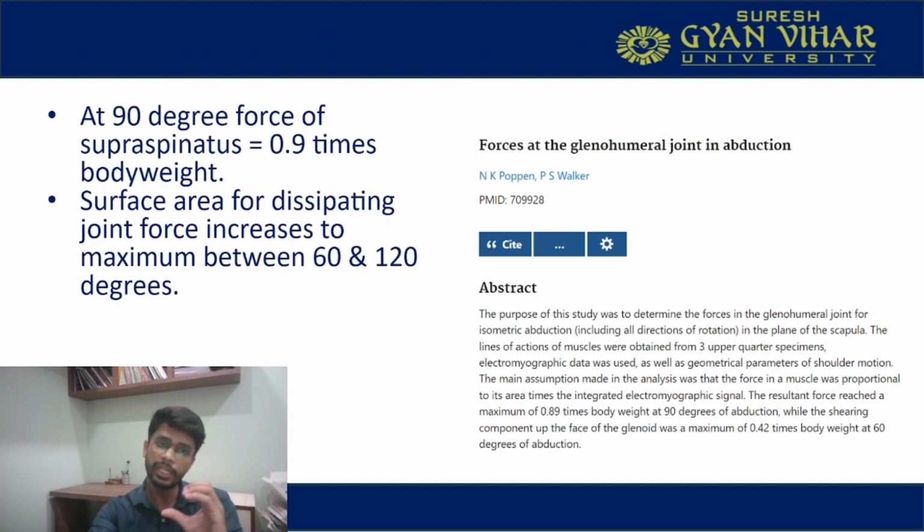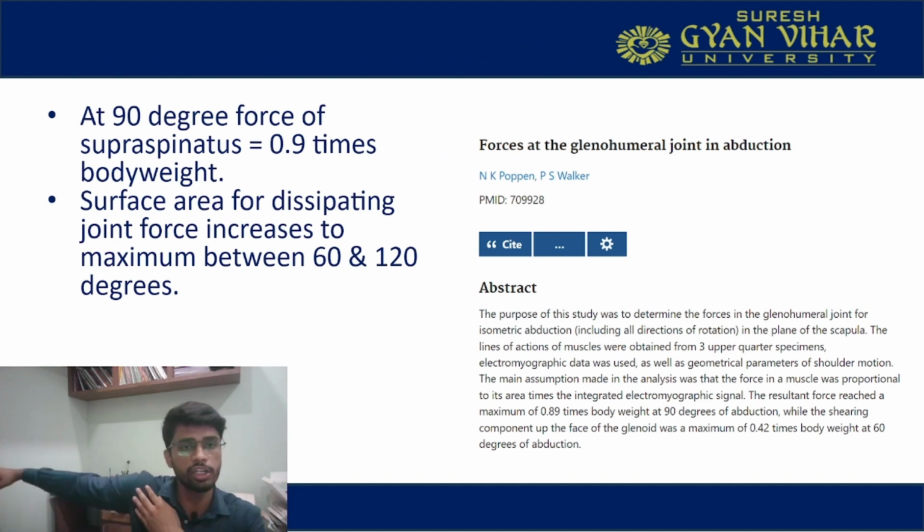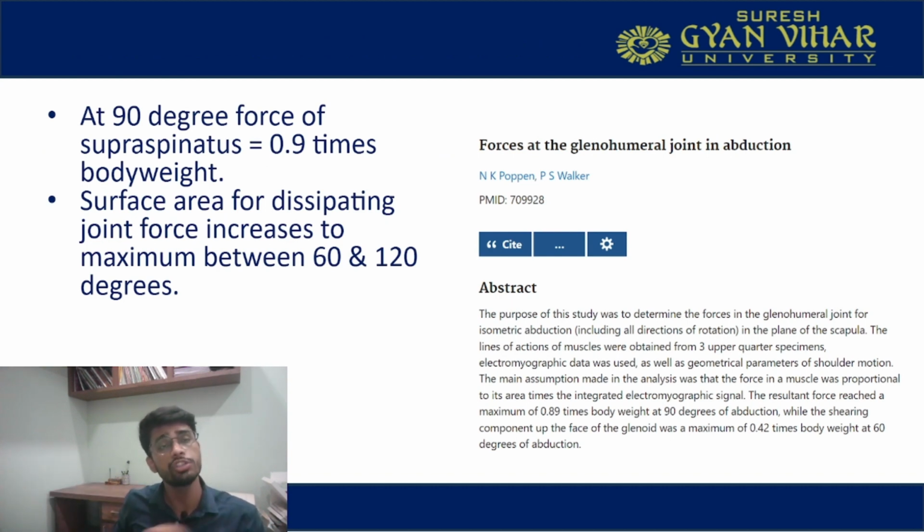And when you do 90 degrees of abduction, this force is enormous, the maximum force by supraspinatus, which is 0.9 times the body weight. It is approximately equal to the body weight. If my body weight is like 76, then at 90 degrees, a 76 Newton force will be there at my GH joint by the supraspinatus muscle alone.